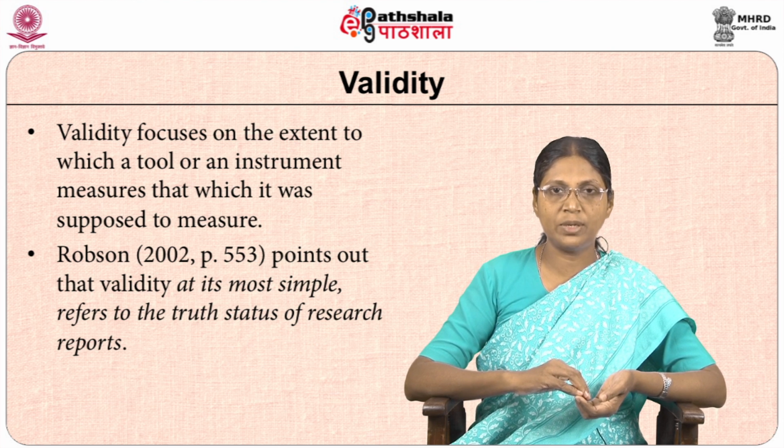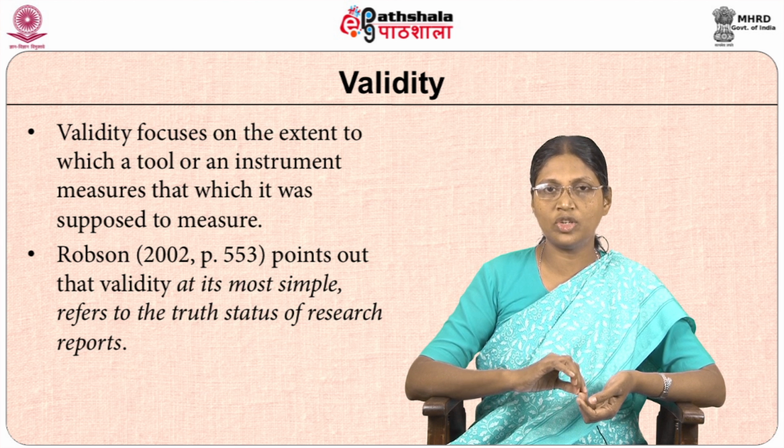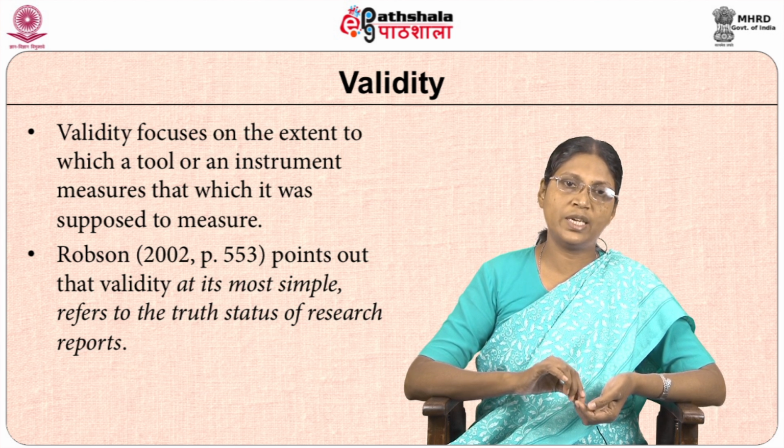Validity needs to be established across the research at every step, from deciding the methodology to presentation of the findings. Let us now look at a few common types of validity in research.